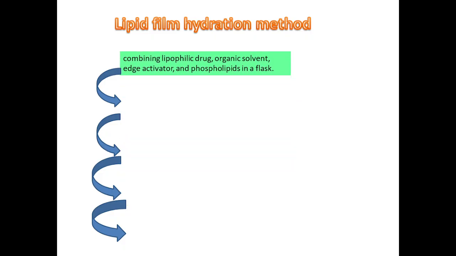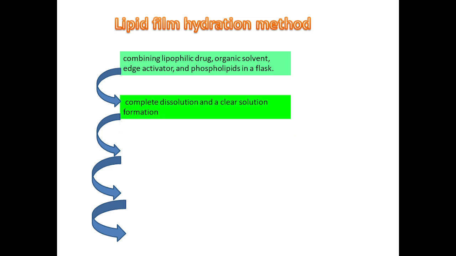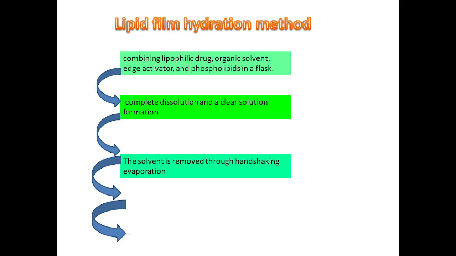Another method is the lipid film hydration method. In this method, lipophilic drug, organic solvent, edge activator and phospholipid are taken in a flask and mixed with each other until complete dissolution to form a clear solution.